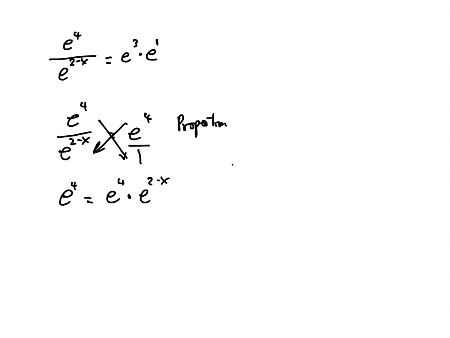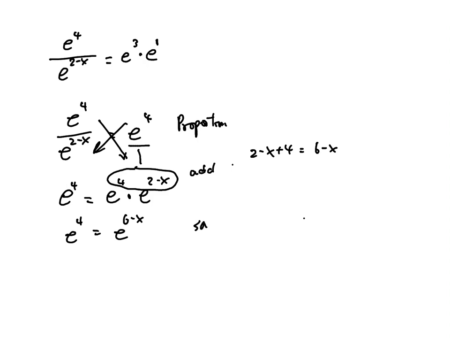We can add these exponents together: 2 minus x plus 4 is 6 minus x. Same base, and if the bases are the same, the exponents have to be the same.